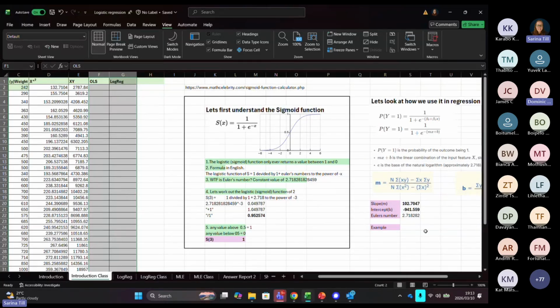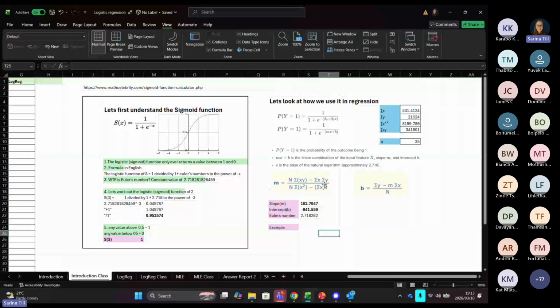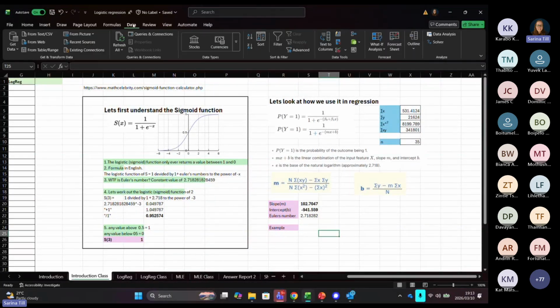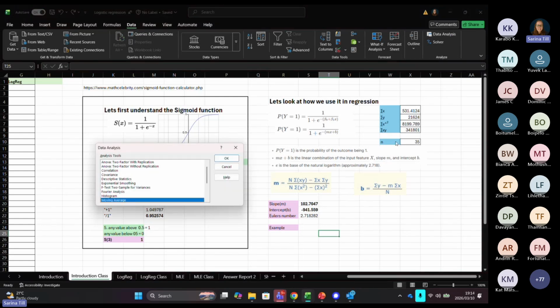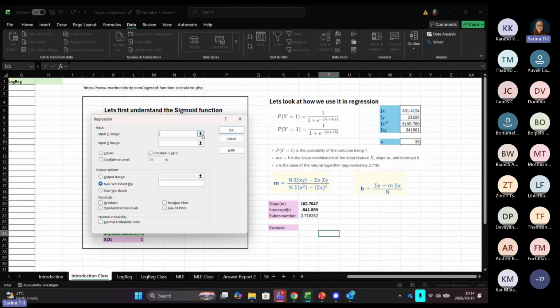Okay. All right. So how did we get this slope and intercept over here? All we did is we went to Data, we went to Data Analysis, because we now know how to calculate this. You don't have to do it anymore. So we went and found Regression. We clicked OK, and it will ask us for our Y input range.